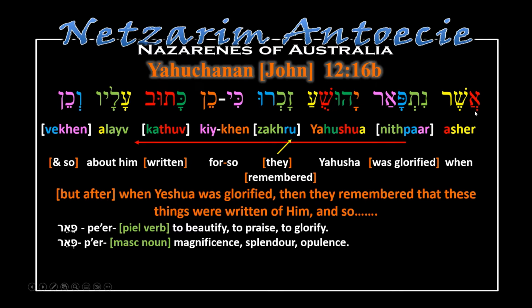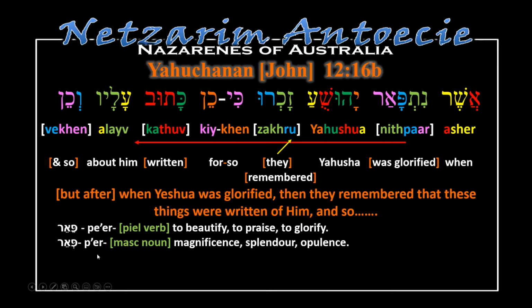Now let's read it. Asher, which can be when, which, that, but in context, when. Nit pa'ar, nit pa'ar. Now the Nun, or the Nifal, gives us like something that's happened, was, right? And then we have the word pe'er, which is a Piel verb, to beautify, to praise, to glorify.